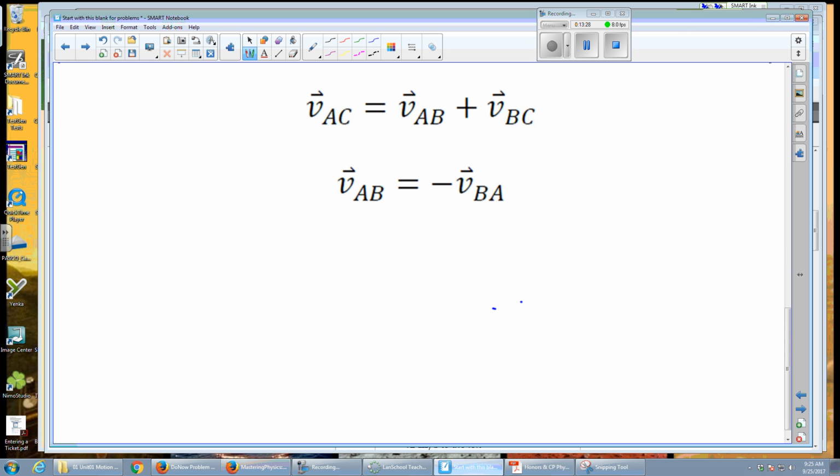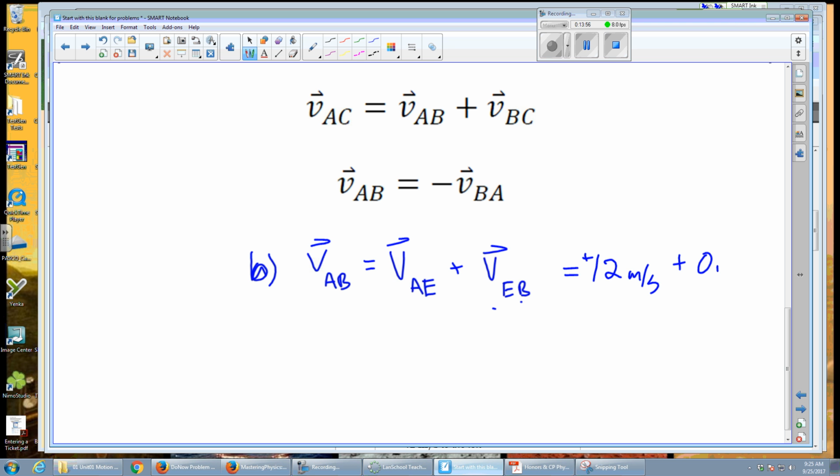So we want velocity, this is part B. Velocity of A with respect to B. That's going to be the velocity of A to the Earth plus the velocity of the Earth to B. And so we know this is positive 12 meters per second.